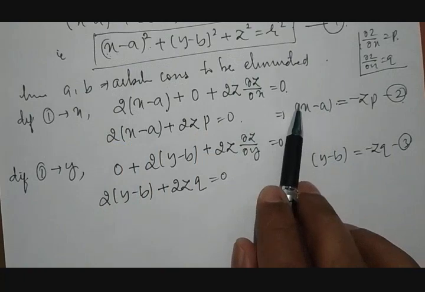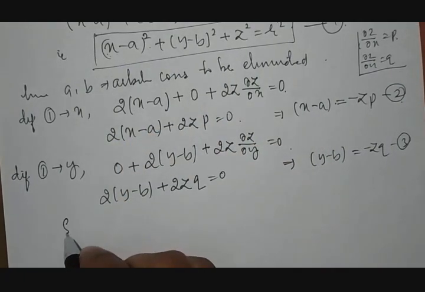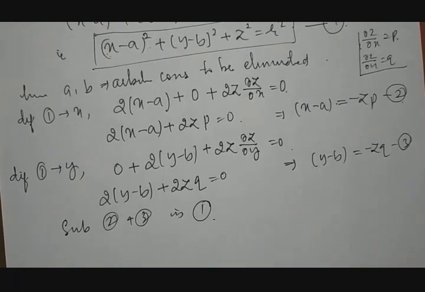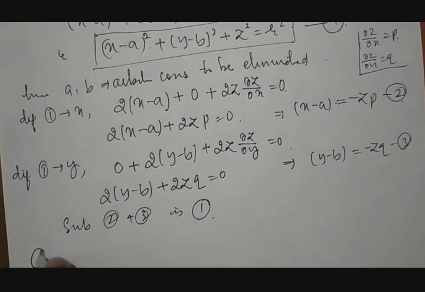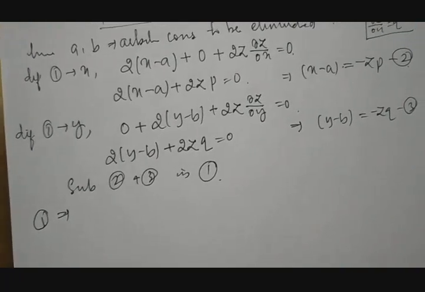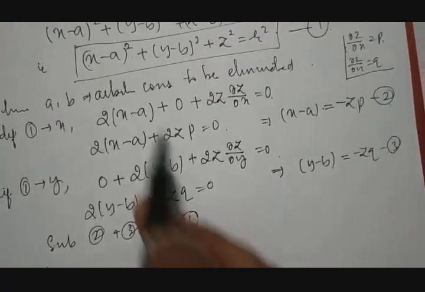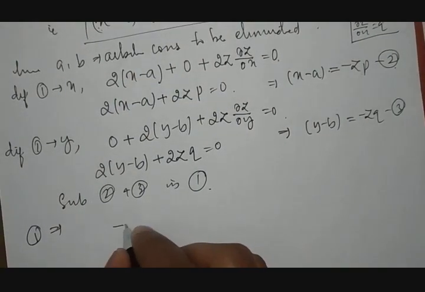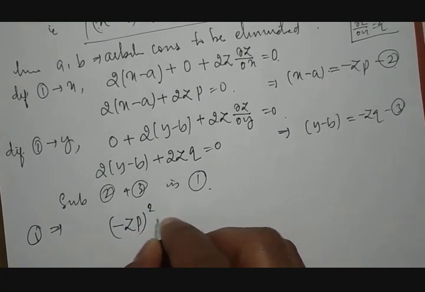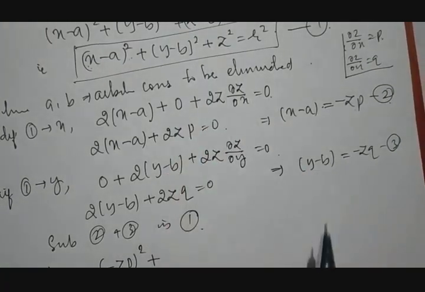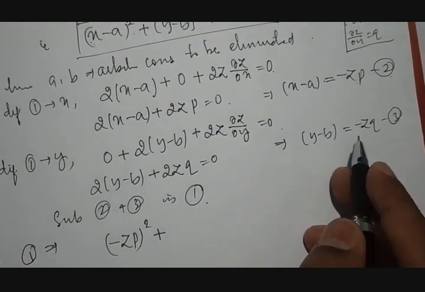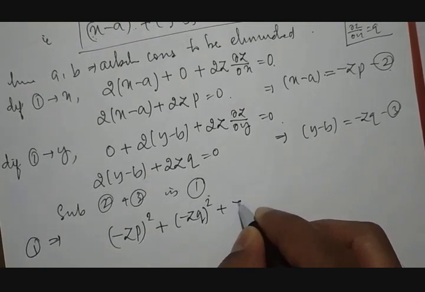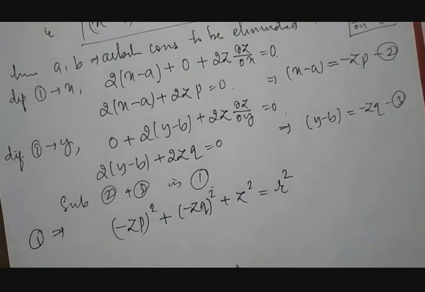So if we substitute equation numbers 2 and 3 in equation number 1, then x minus a whole square is minus zp the square, plus y minus b whole square is minus zq the square, plus z square is equal to r square.